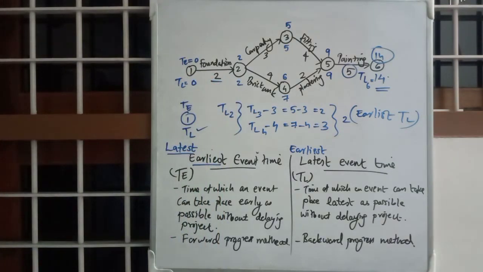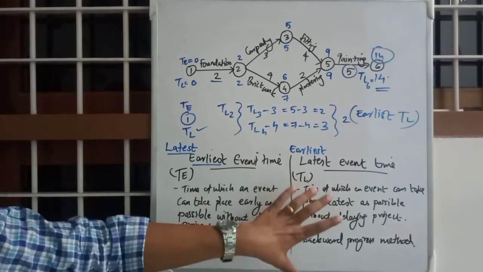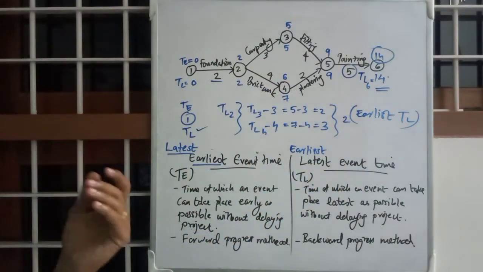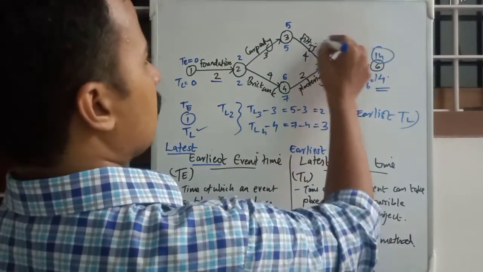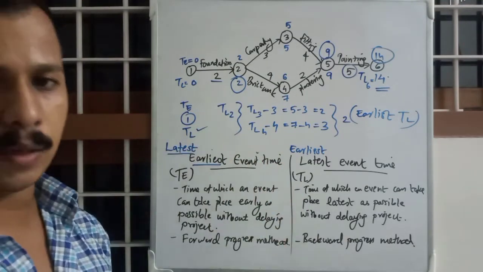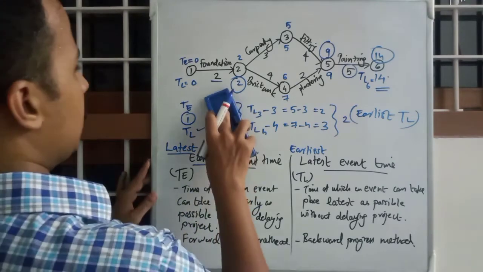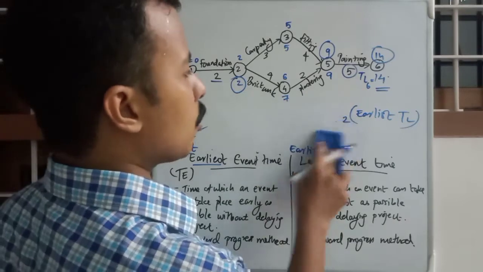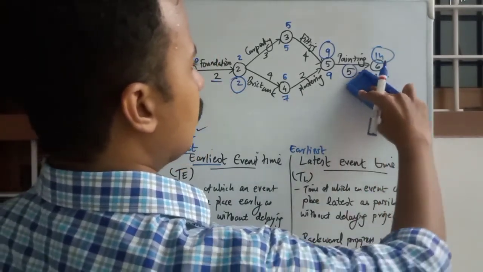Okay, so I hope you got that. TE and TL, we have the definitions. TE calculation will be forward, TL calculation will be backward. And only 2 points you need to look at, this point in here and this point in here, where you will be having more than one value. Do not mistake this by assuming that most of the events will have the same TL and TE.